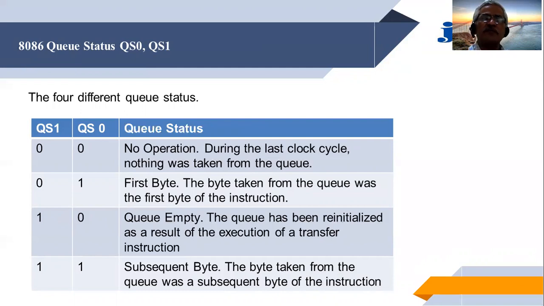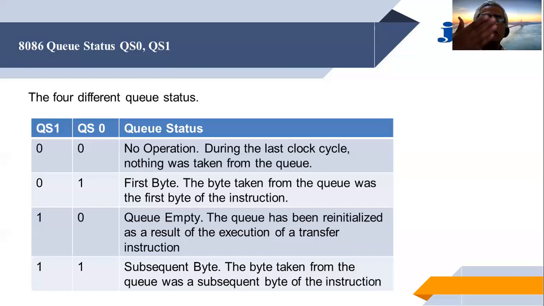That is the time when we can say that the queue is empty. That status of queue empty is indicated by QS1 and QS0. Then 11 means the subsequent byte: the byte taken from the queue was a subsequent byte of the instruction.